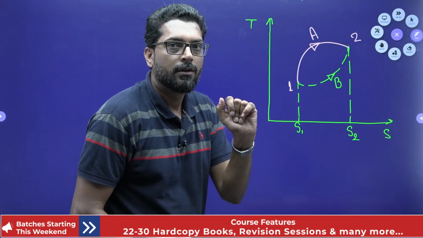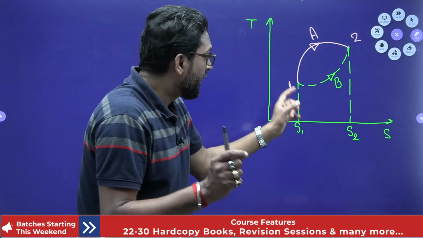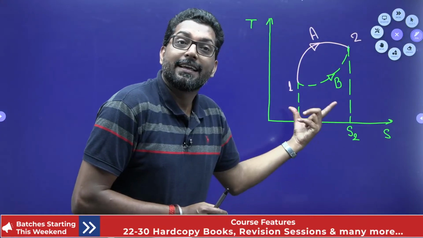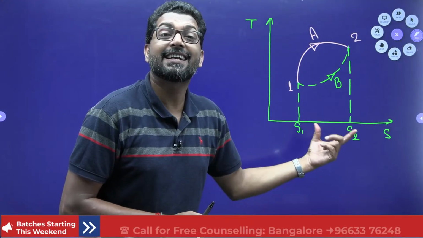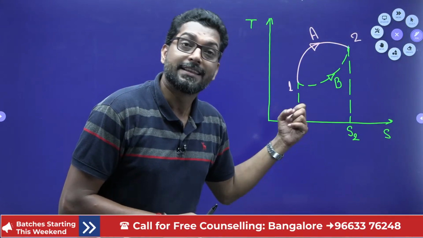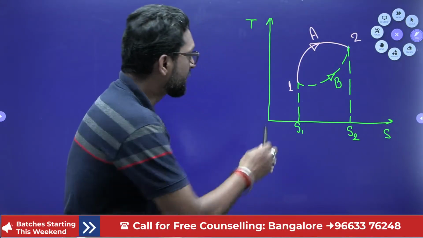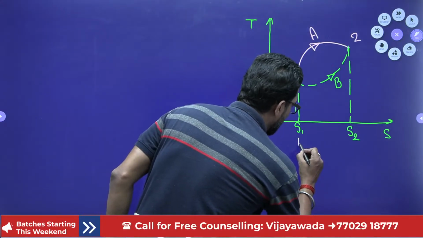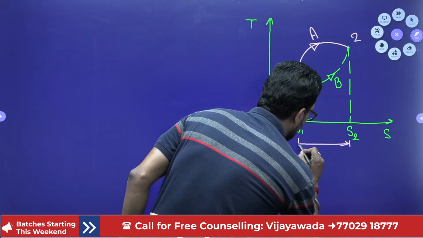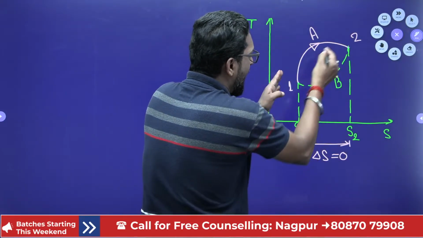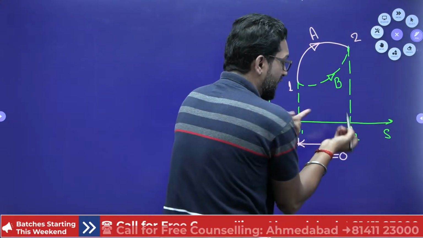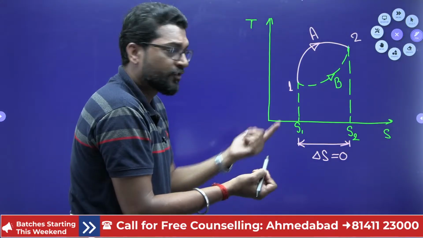What is meant by that? Entropy will exist, but that entropy is the absolute entropy. That means, beta, if S2 minus S1, this delta S, is 0, that means this graph, that means what is the process? This is for the process.